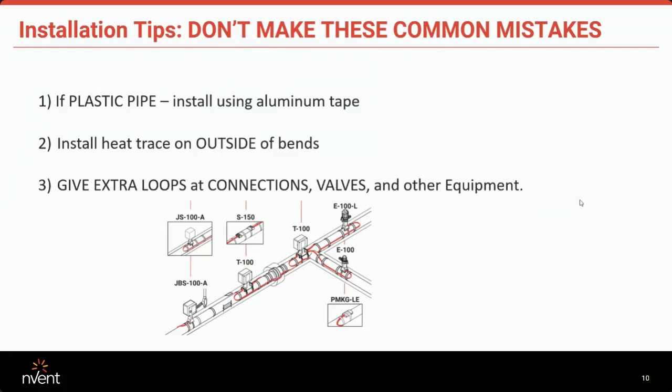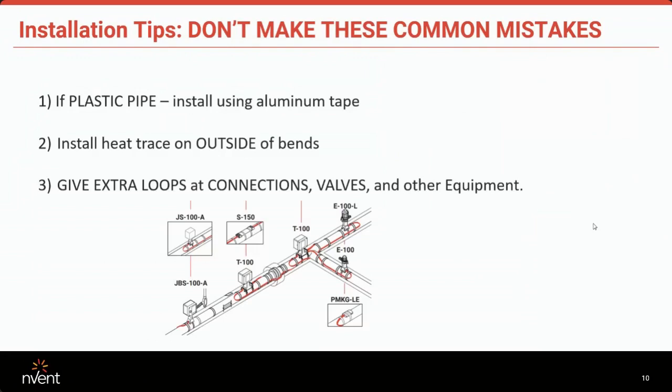As an example, when you're doing a T connection, where you have 3 heat trace sections coming into one unit, if something ever happens to that connection system or the heat trace cable that requires you to remove it and try to reinstall it, and you don't have any extra play with heat trace in that section, it may require you to strip back a lot more cable, or introduce an extra splice kit as an example to try to compensate for that.